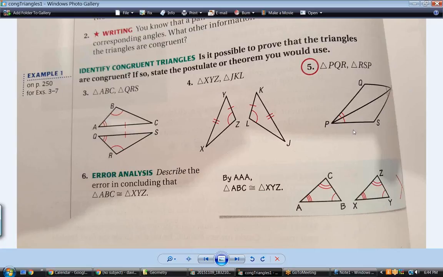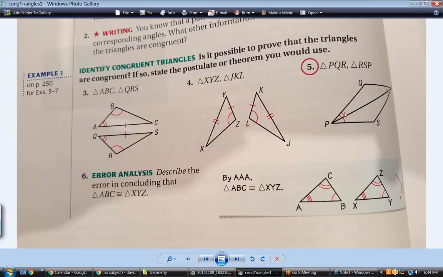Wouldn't it be the SSS postulate? Because, well, no, I take that back. Stop and think about what information you actually have. So P and R are congruent. So the angles and sides. Okay, they're all angles.